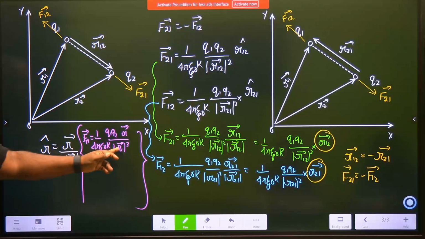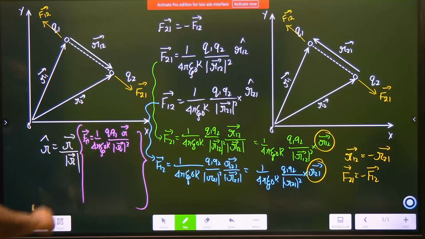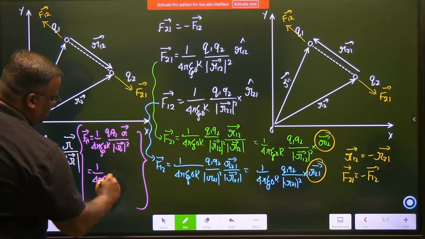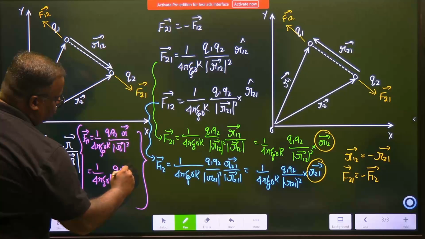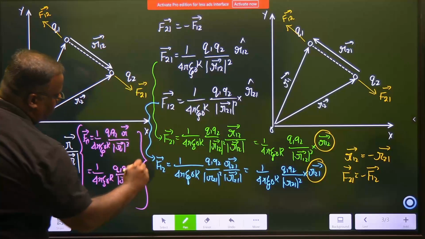And if you don't want to write cube, you want to write square, then this becomes unit vector. This can also be written as 1 by 4 pi epsilon naught K Q1 Q2 over R square multiplied by R cap.